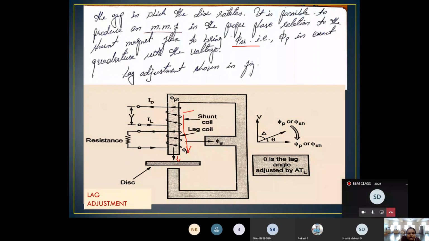We have to control our angle, it should be 90 degrees. To do that, we construct one more coil, which we call a shunt coil. Due to this connection, again flux is generated here. This flux is opposing the one more flux which is generated by the lag coil.